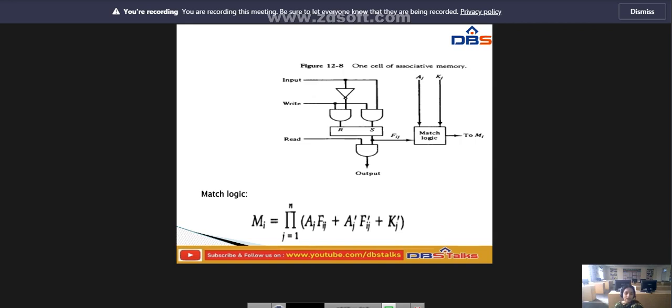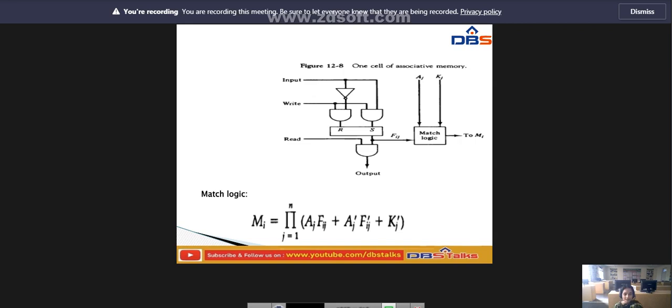This is the condition for setting the corresponding match bit Mi to 1. The Boolean function for this condition is Mi = x1 x2 x3 ... xn, which constitutes the AND operation of all the pairs of matched bits in the word. Now we need to include the key bit kj in the comparison logic.